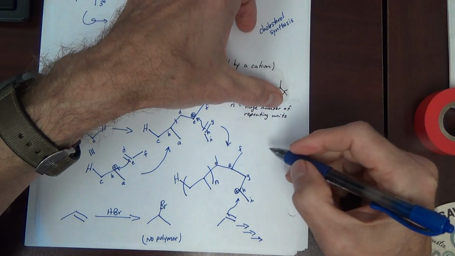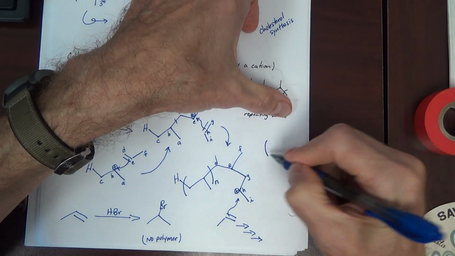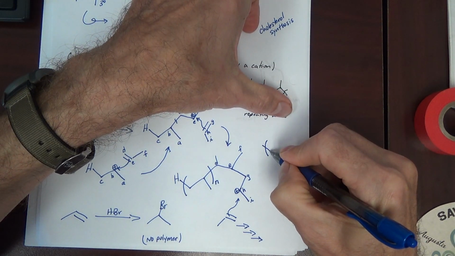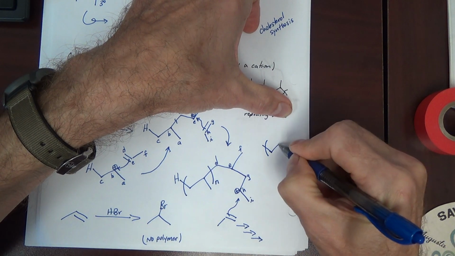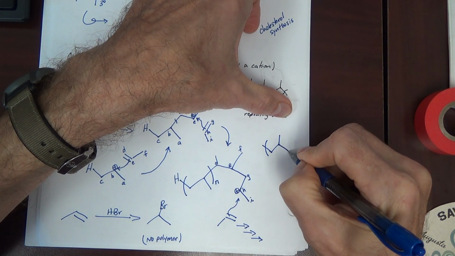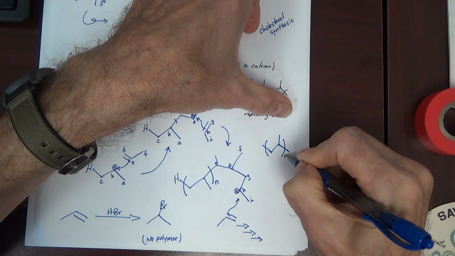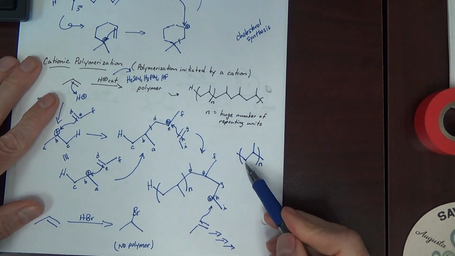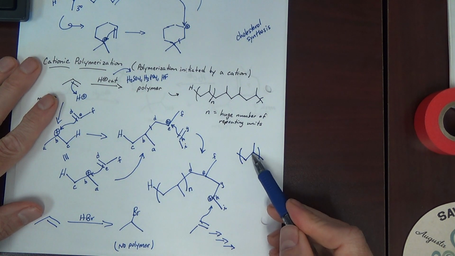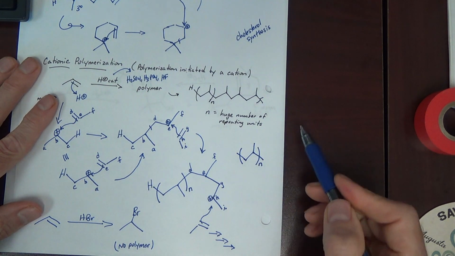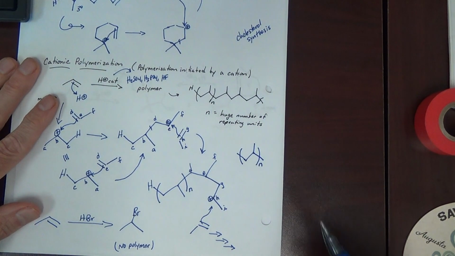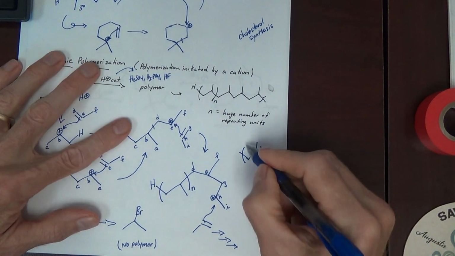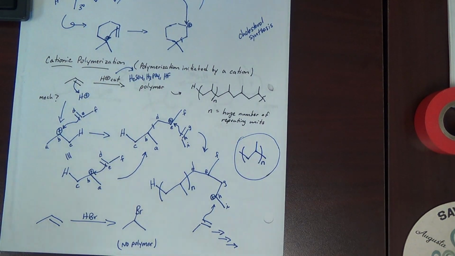If we want to present it within parentheses, it's something like this: CH2 carbon methyl, CH2 carbon methyl, on and on. And that's what we get out of this.